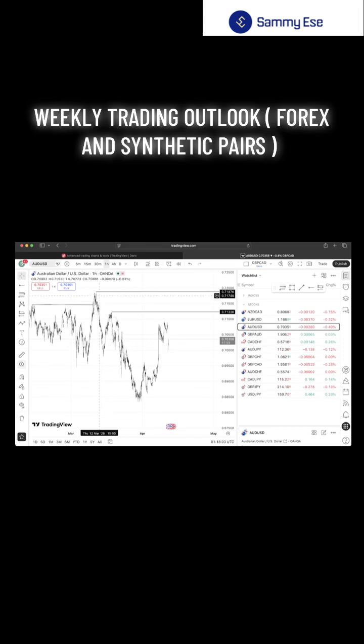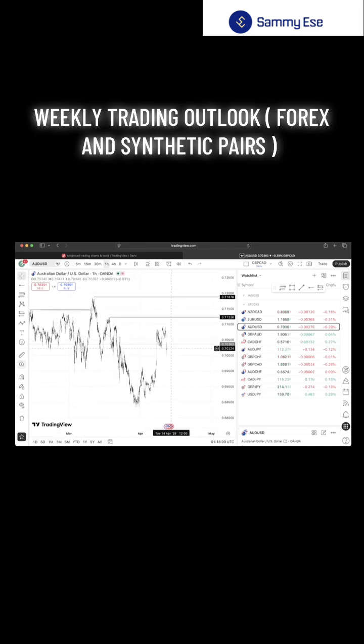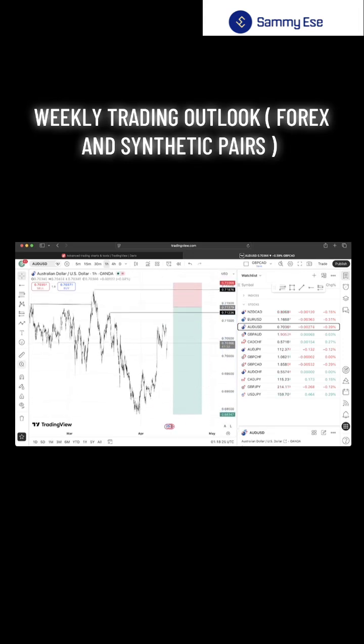I can use the 5-minute supply zone here as my entry, and then boom, to the downside. My entry is here, a few pips above, and then my target is here. Same structure, same thing.